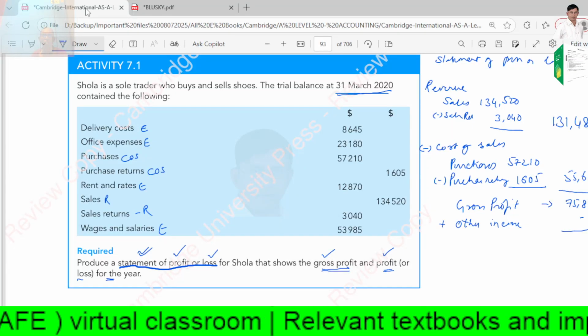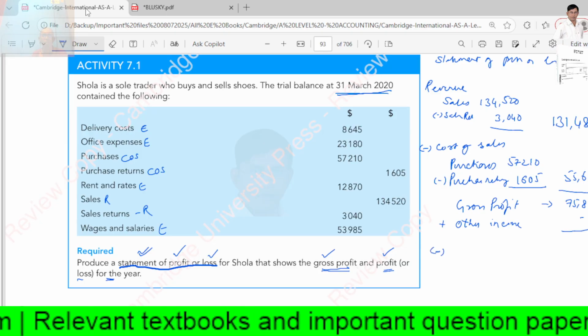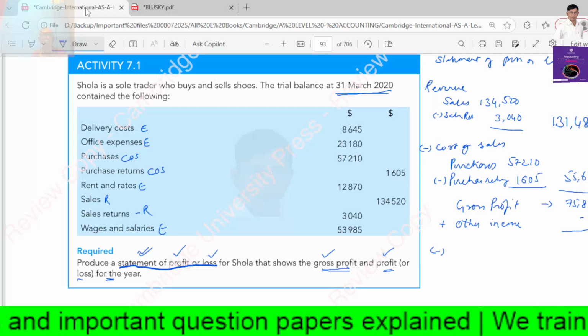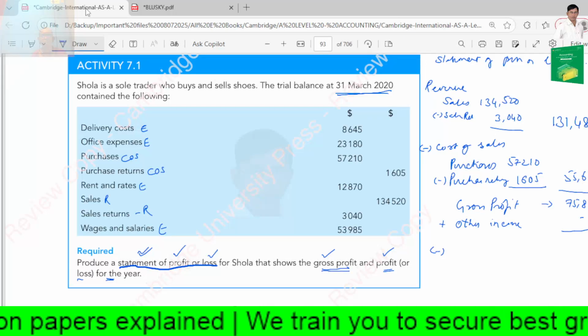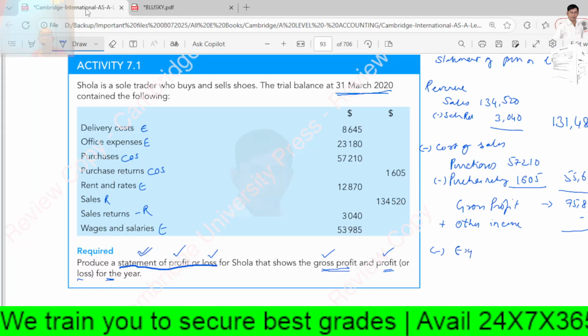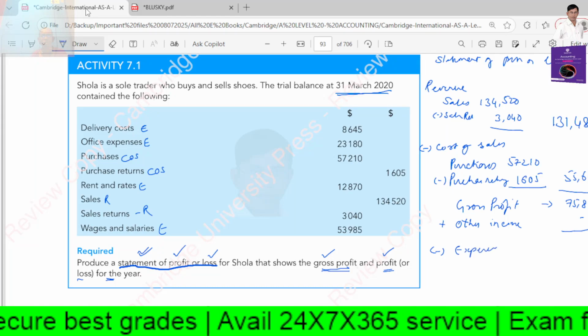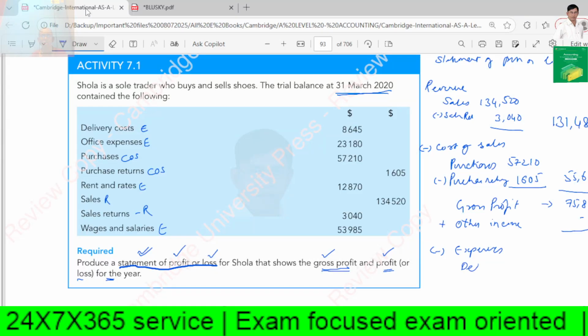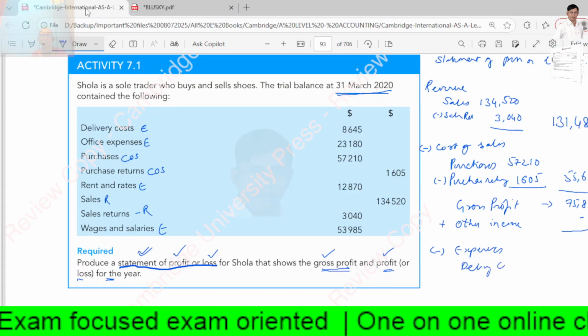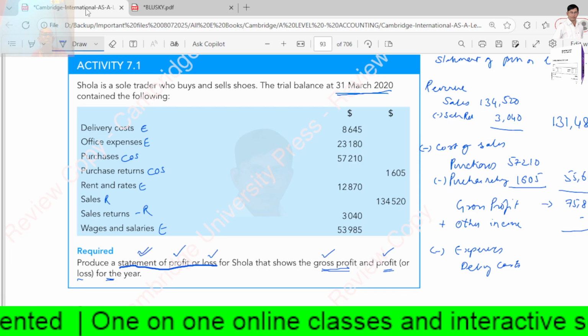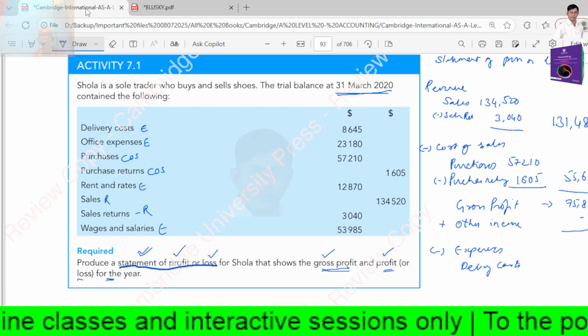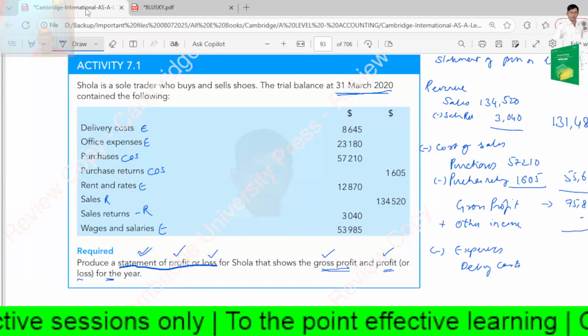From that you need to take out expenses. So what are the expenses? Delivery costs, office expenses. How many are delivery costs? 8645.